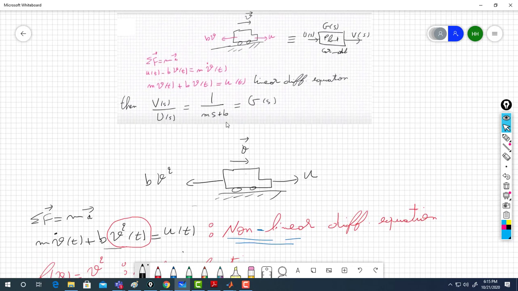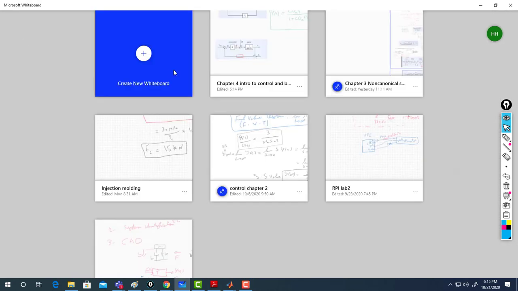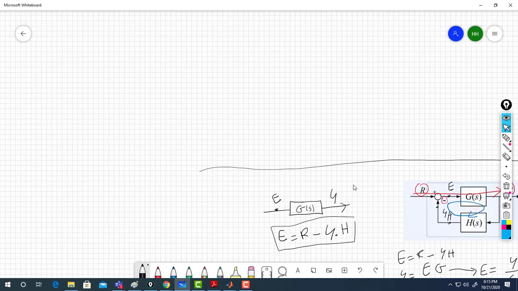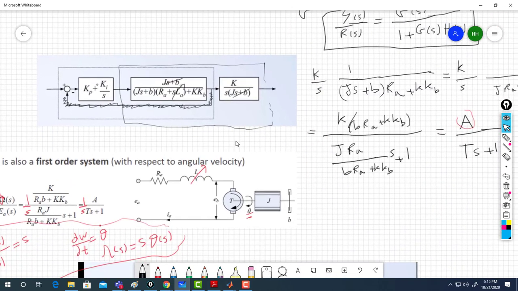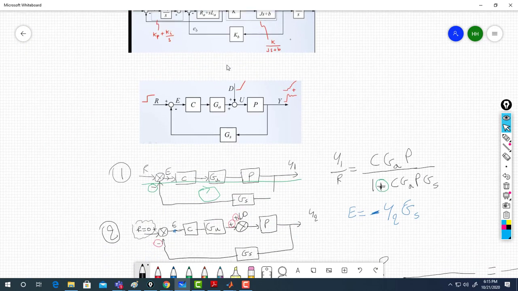It is the transfer function of your car, 1 over ms plus b. So I take it. That's why the velocity is the output and u is the control signal. So I'm measuring the speed of the car. I'm taking this example then here. So here your ms plus b, so you know what is your ms plus b. Back to it.